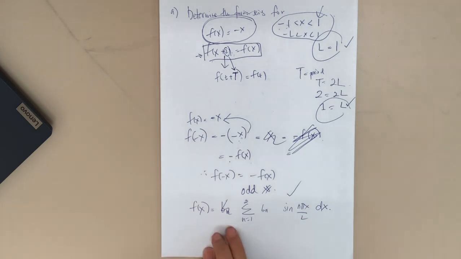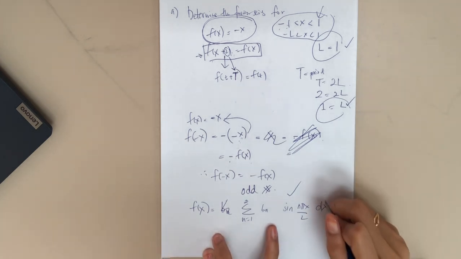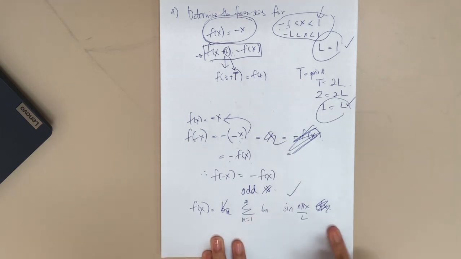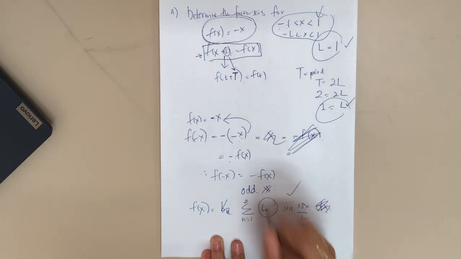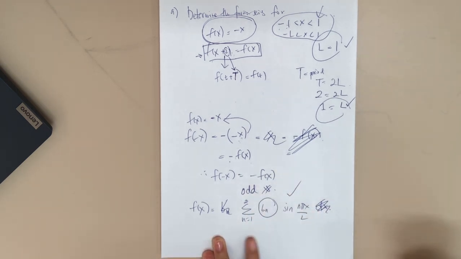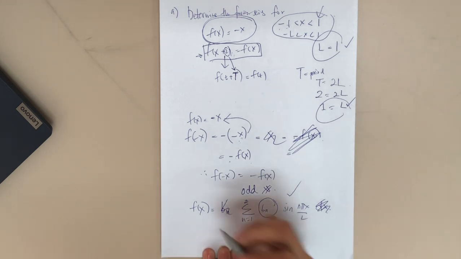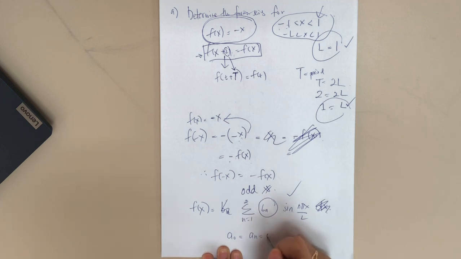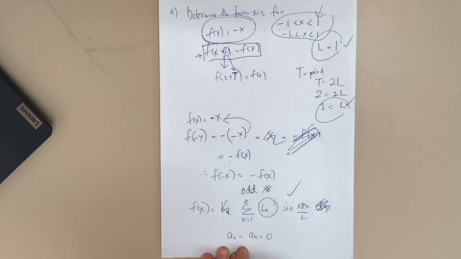The objective next is to find your bn, and of course you write that the other two Fourier coefficients are equal to 0. I suggest you write this, because sometimes the question will ask which Fourier coefficients are 0, for example.